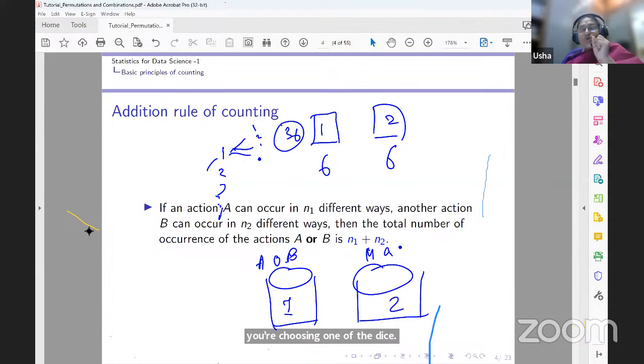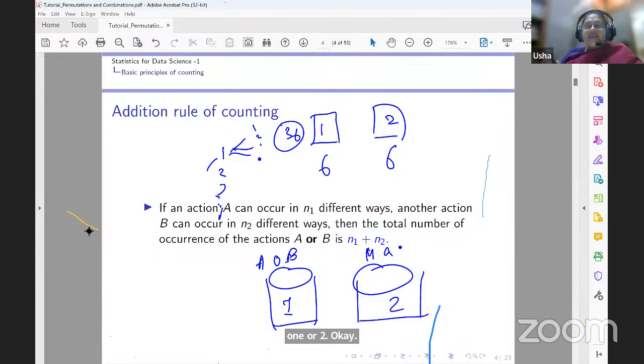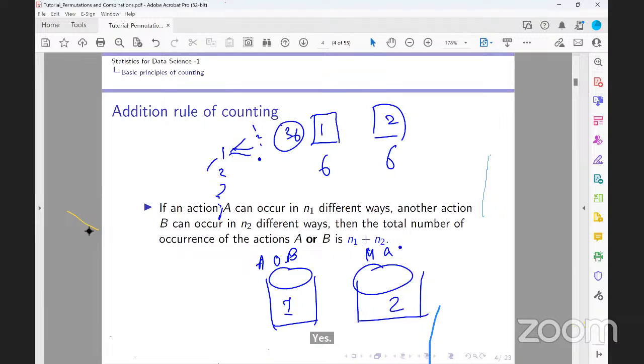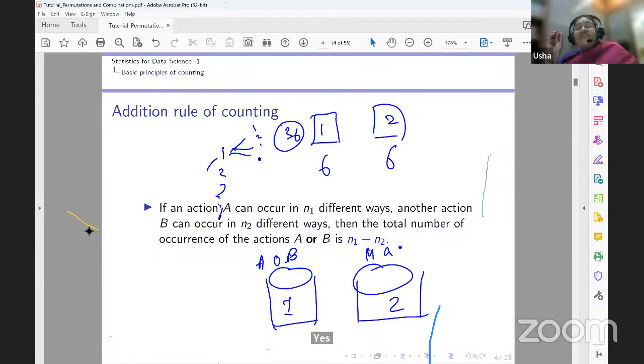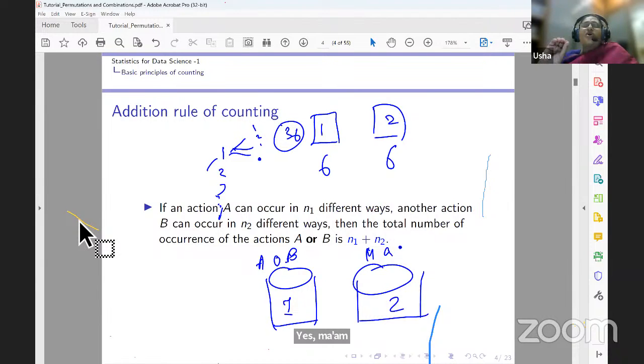So I could choose die 1 or die 2, and then 6 outcomes. Is that clear? That is the reason why we are trying to clarify some of the most commonly used confusions.